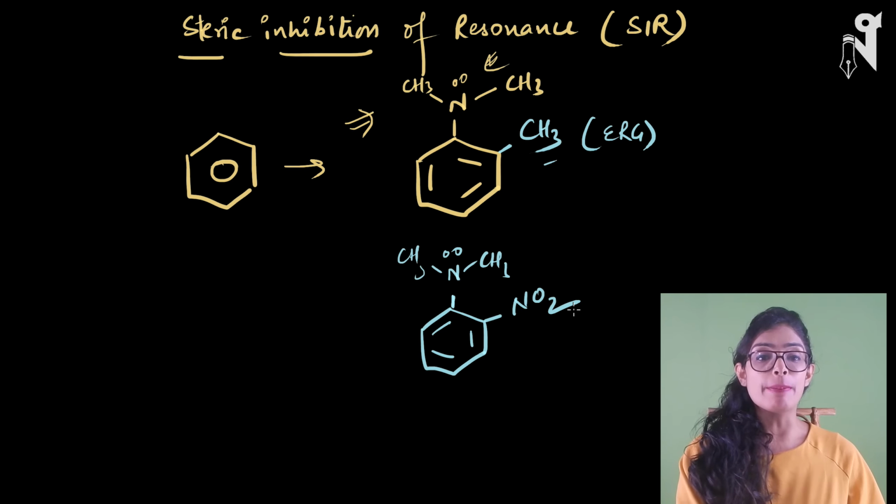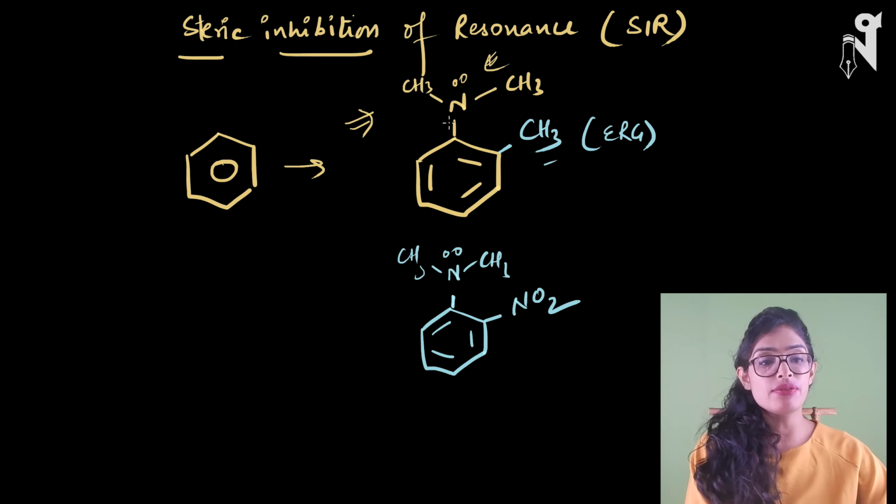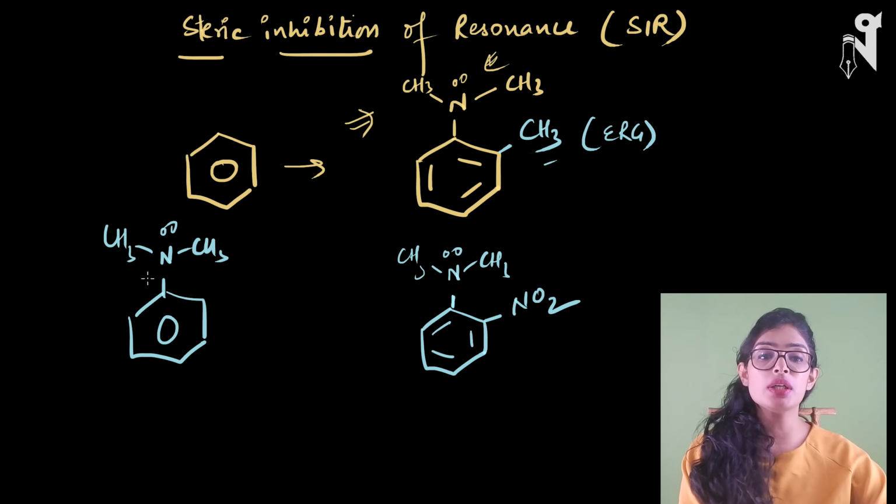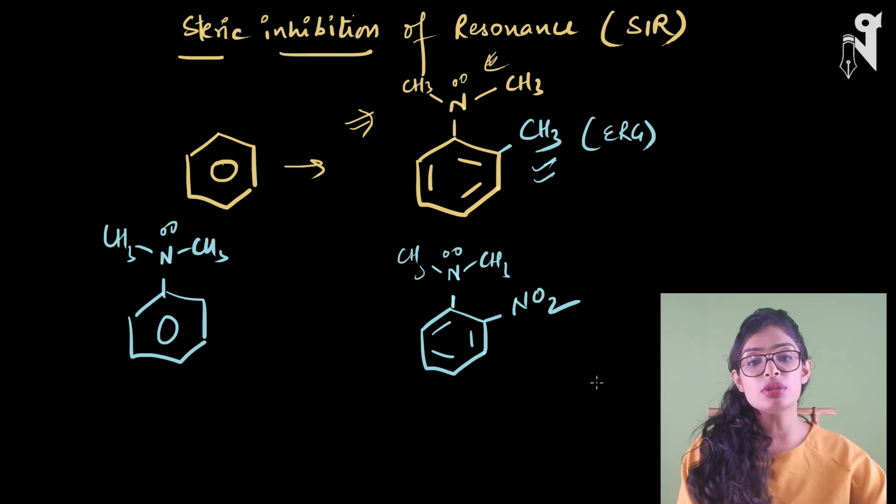So I have taken three cases. One is benzene with N(CH3)2, where there is no other substitution at the ortho position. Then I have taken one in which an electron releasing group is present on the ortho position, and one in which an electron withdrawing group is present on the ortho position.